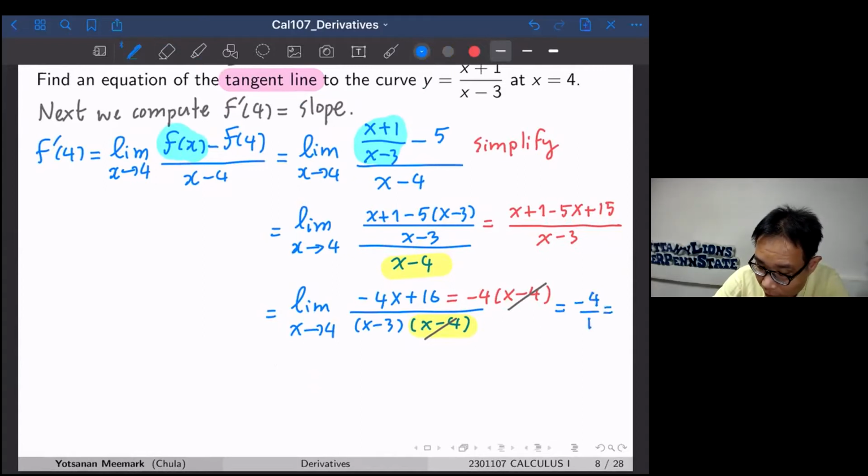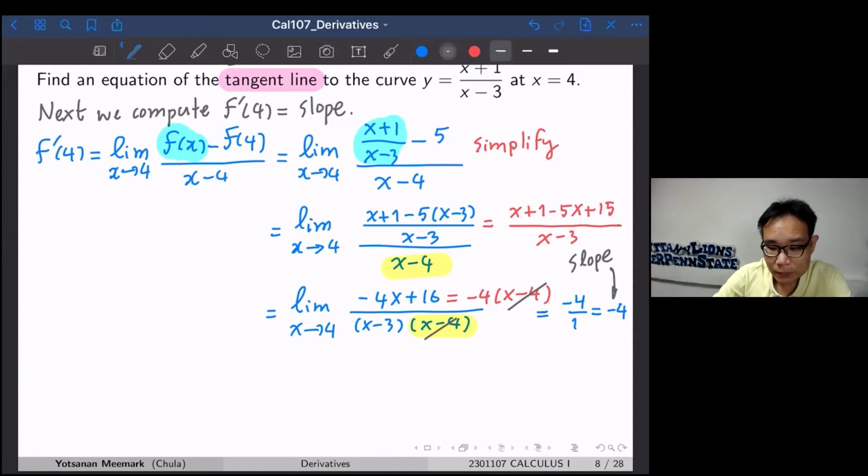So it's going to be negative 4 for your slope. So this becomes negative 4 over 1, equal to negative 4, and this gives you the slope of the tangent line. So this will be the slope that you're looking for.